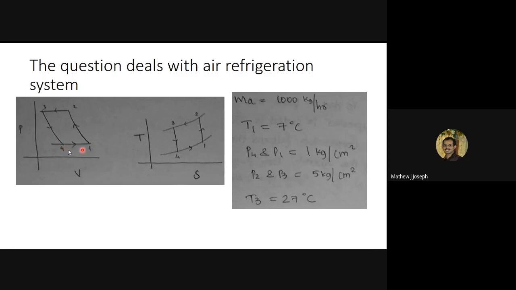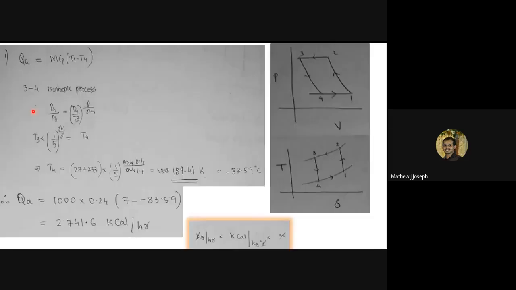So what kind of process is this 4 to 1? It is the constant pressure heat absorption process. Okay, so first of all, we have to find out the heat absorbed during the 4 to 1 process. It will be a constant pressure heat addition process. It will be mcp delta t itself.